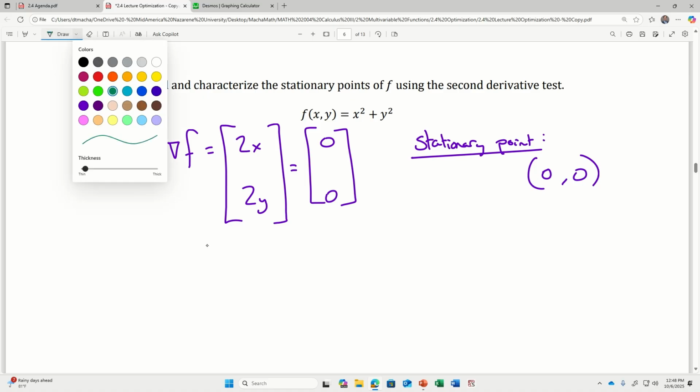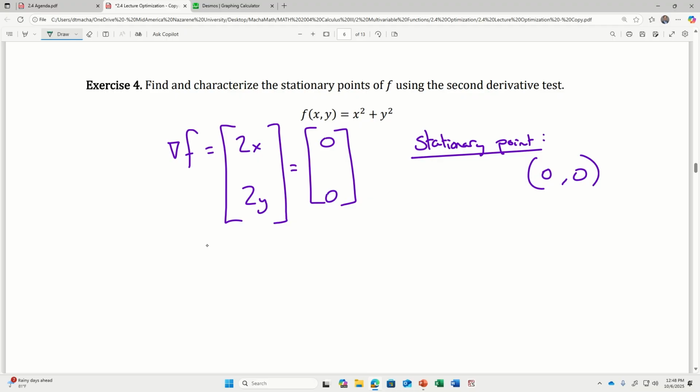And now for the second derivative test, I'm going to need to calculate the lowercase d thing, which is that times that minus this. And the second partial derivative with respect to x is going to be 2, times the second partial derivative with respect to y, which is 2.